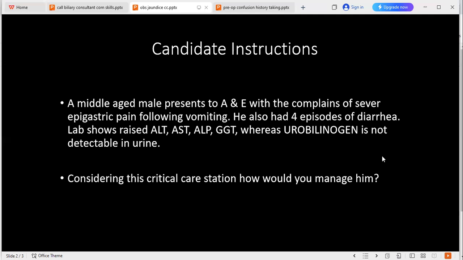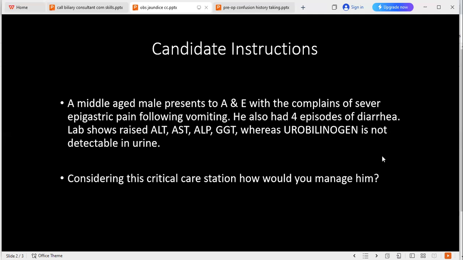How can this clotting abnormality be corrected? We can correct by giving intravenous vitamin K, prothrombin complex concentrate, and fresh frozen plasma.